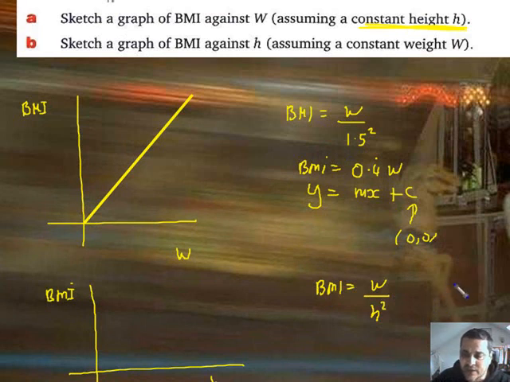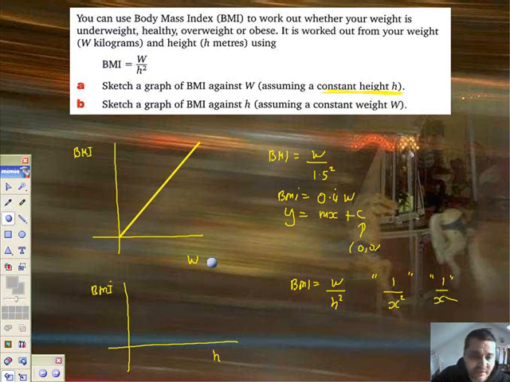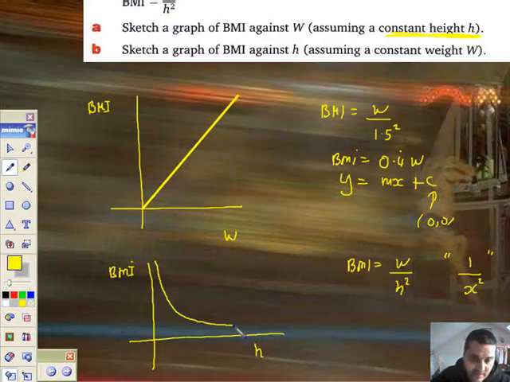I've got essentially a 1 over x squared type graph, which looks the same as a 1 over x type graph, except that the curved effect of the 1 over x squared graph is more pronounced. So since I'm doing a sketch, I'd expect something like that to occur.